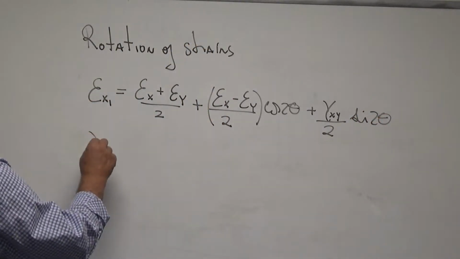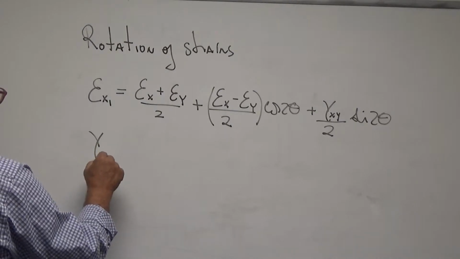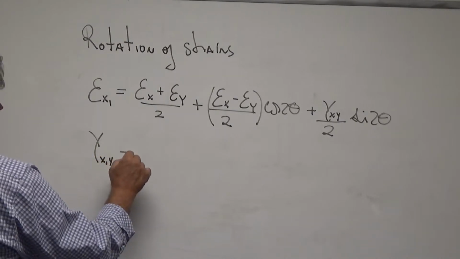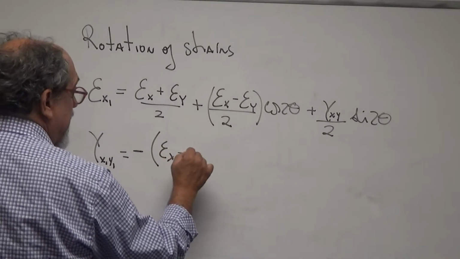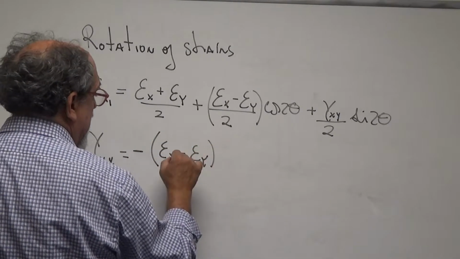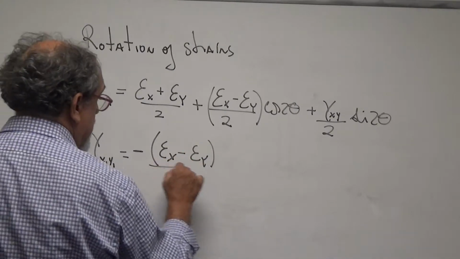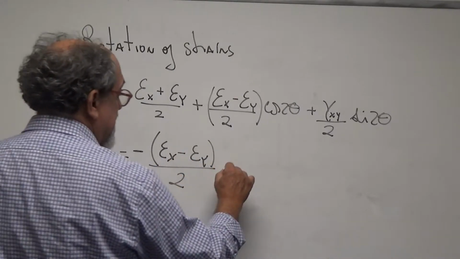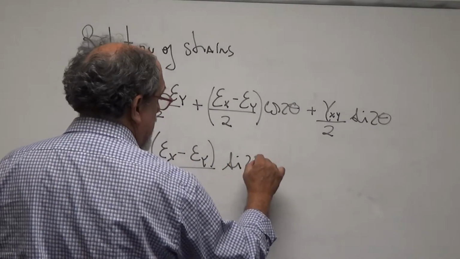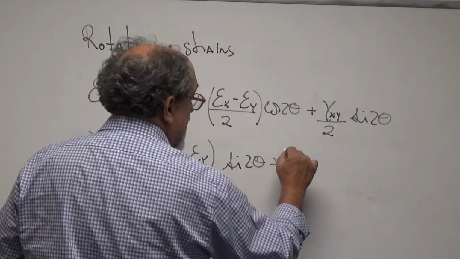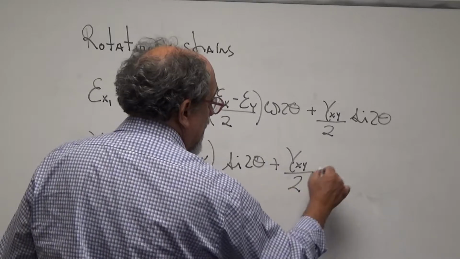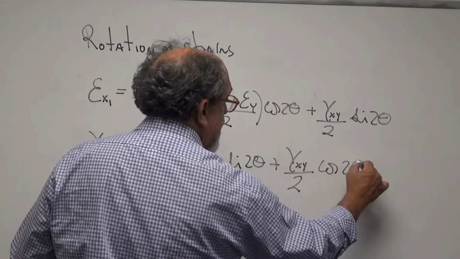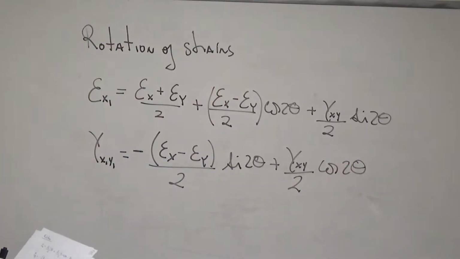And the rotated shear strain gamma x1y1 is equal to the negative of epsilon x minus epsilon y, the strain in x minus the strain in y divided by 2 times the sine of 2 theta, plus gamma xy divided by 2 times the cosine of 2 theta. Okay?